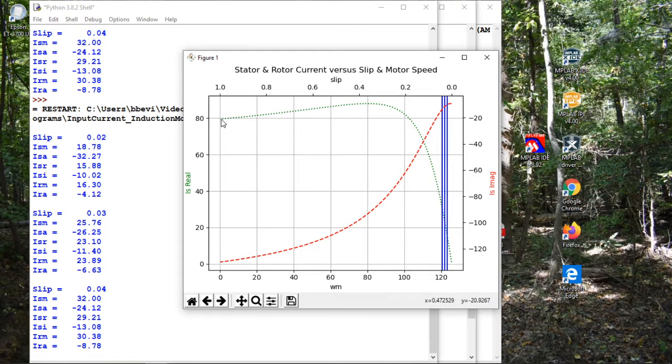And notice, this is interesting, that at a slip of 1, or when it's locked or not moving, then it's mostly a real component here, IS. And notice that as you move up, the slip goes down, or you increase the speed and get closer, then the real component starts dropping down and the imaginary part comes up. So let's go in and see what's happening here.